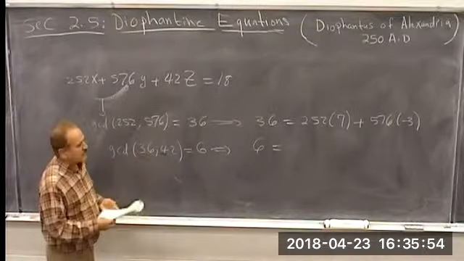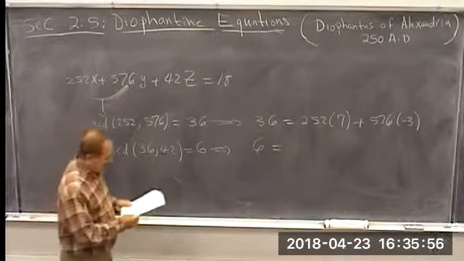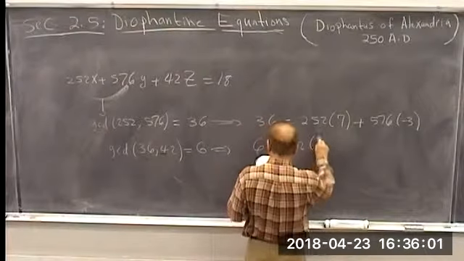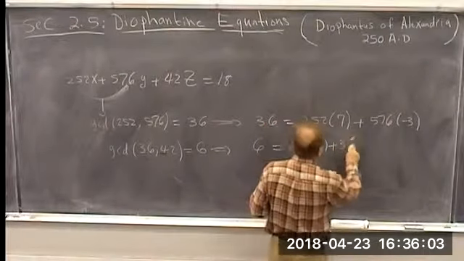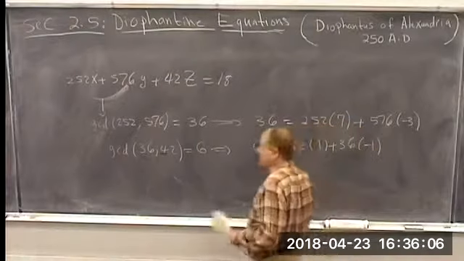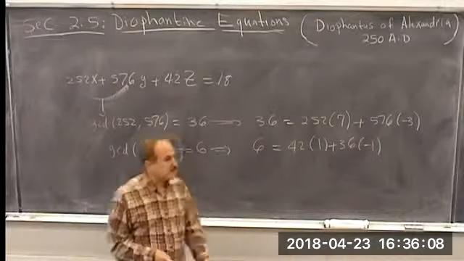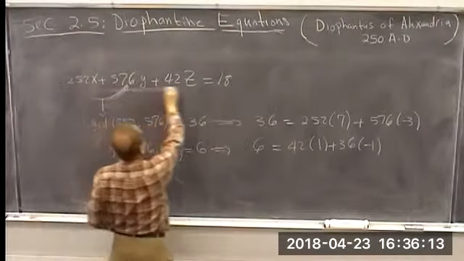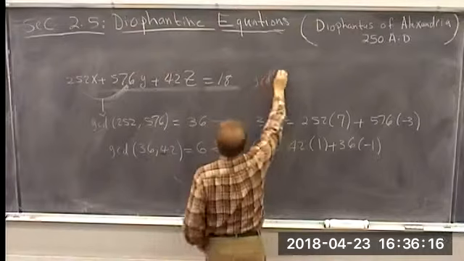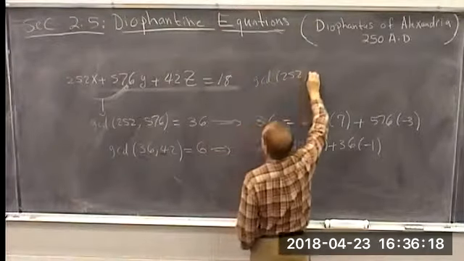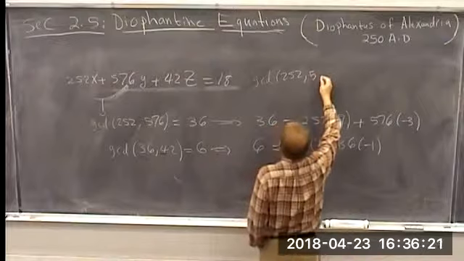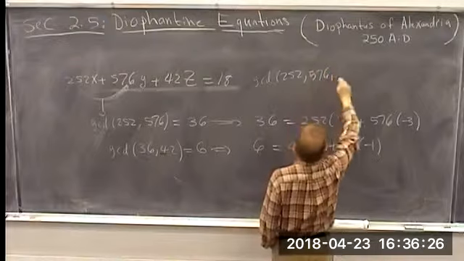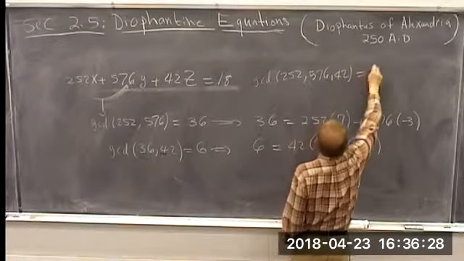Doing this back substitution, you find that this can be expressed as 42 times 1 plus 36 times negative 1. Then the 6 happens to be the greatest common divisor of all 3 of them, because this is the way we find the greatest common divisor of 3: we find it for 2, and then we use that with the third one. So this is equal to 6.